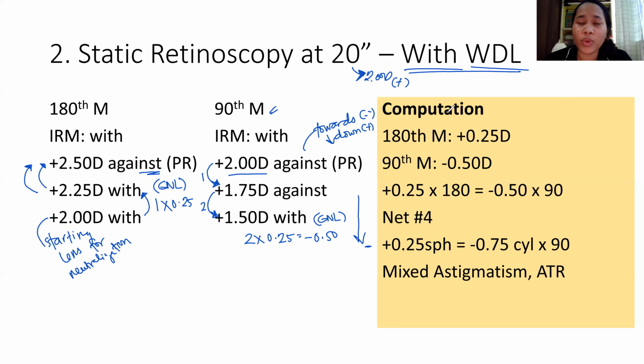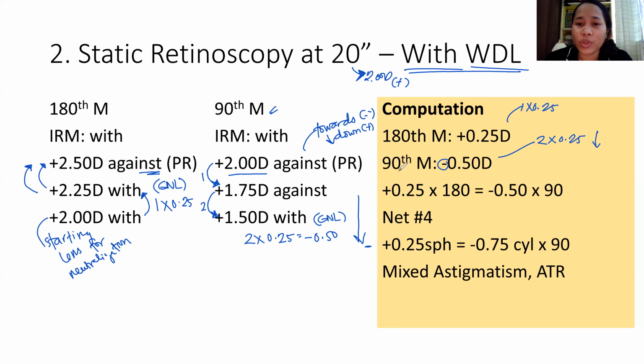So in the computation, we only have one computation for the with WDL because it's already the net per meridian. Plus 0.25 derived from 1 click, 1 times 0.25, and this one came from 2 times 0.25, and the sign is negative because you went down or towards minus.